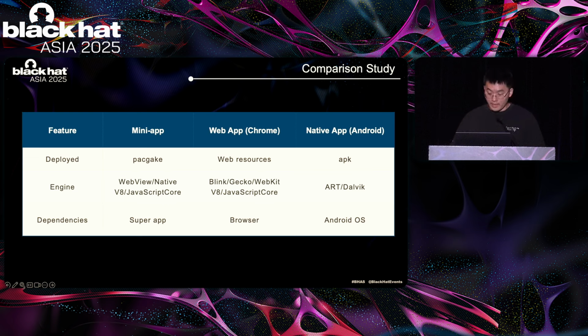Compared to web apps, mini apps operate on a platform provided by a super app, offering stronger capabilities for interaction with native functionalities of operating systems. Compared to native apps, mini apps rely on web technologies, making them lighter and easier to use. They don't need to download and install APK files, and they are easy to update.